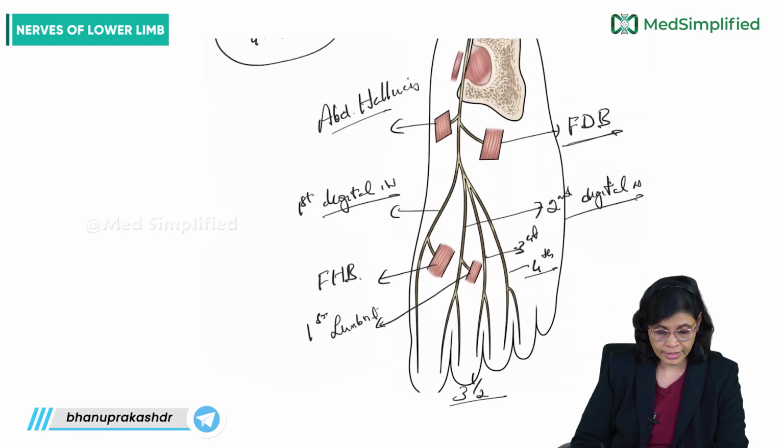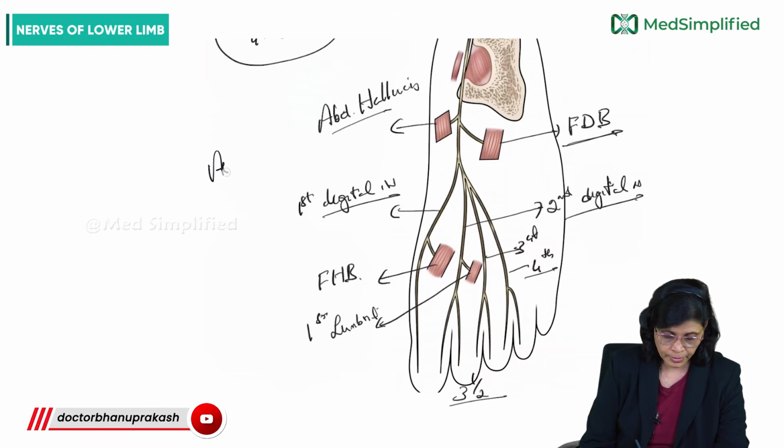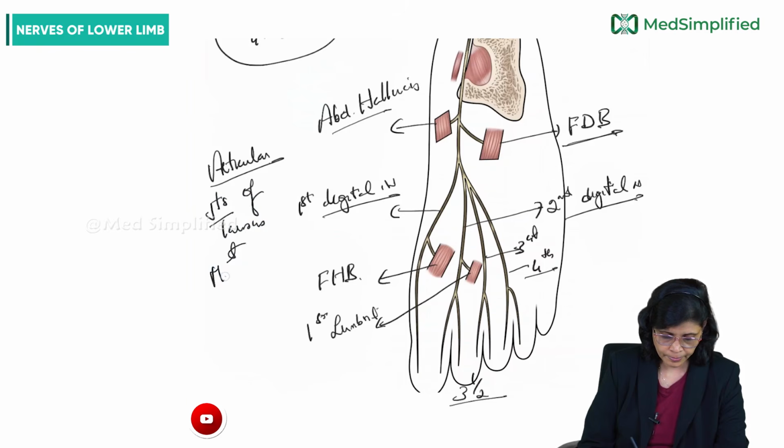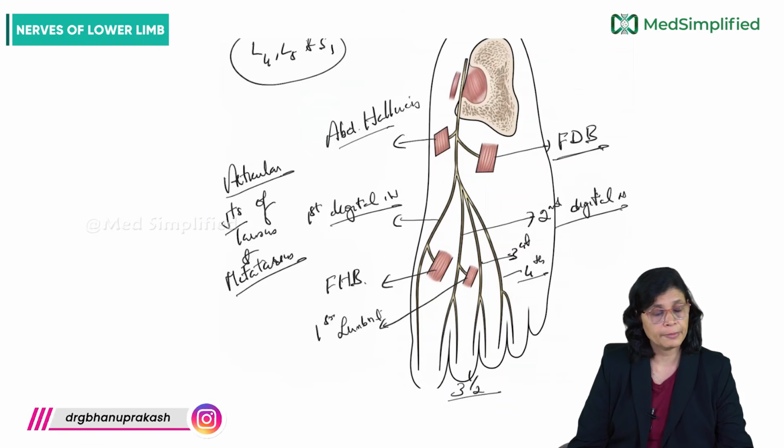Articular branches supply the joints of the tarsus and metatarsus. So this is all about the distribution of the medial plantar nerve.